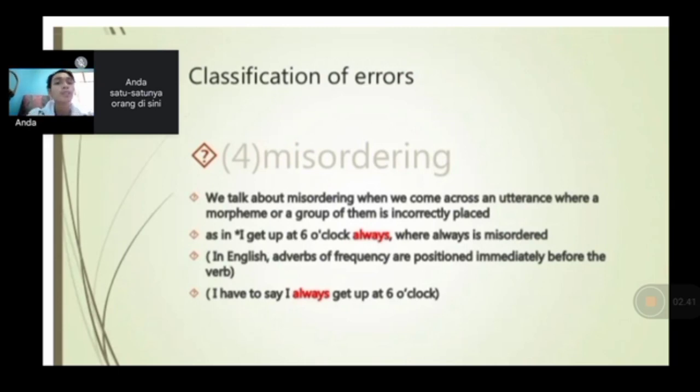We talk about misordering when we come across an utterance where a morpheme or a group of them is incorrectly placed. As in "I get up at 6 o'clock always", where always is misordered. In English, adverbs of frequency are positioned immediately before the verb. I have to say "I always get up at 6 o'clock", not "I get up at 6 o'clock always".